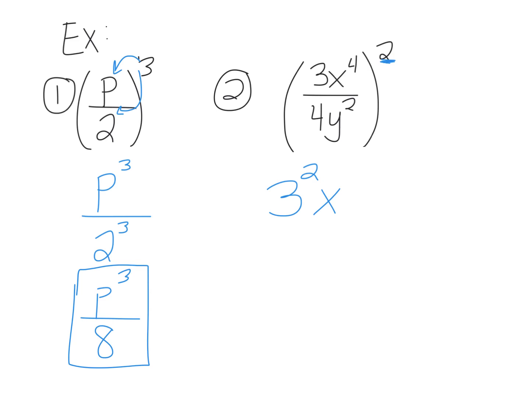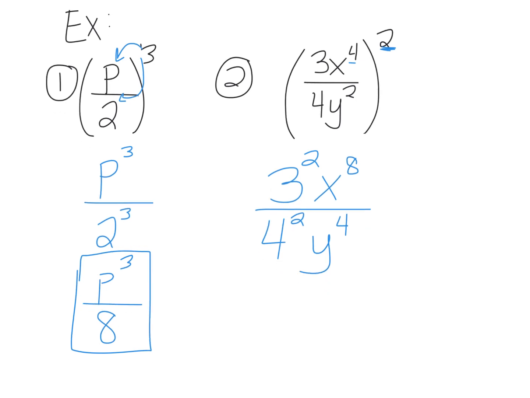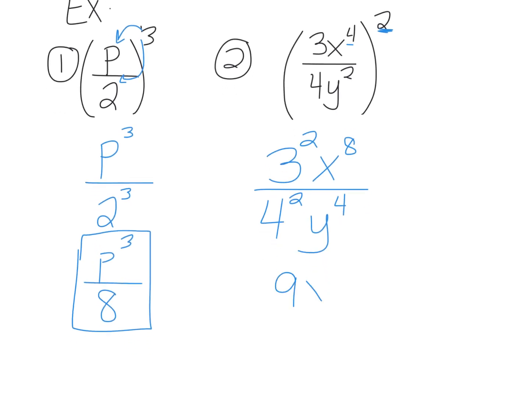Right, because we're taking a power to a power, so I have x to the 8th. Good. Now I'm moving on to the bottom. What do I get on the bottom? 4 squared. And then what's my new exponent for y? To the 4th. Yep. And then can I simplify that at all? The numbers, right? What's 3 squared? 9. X to the 8th. What's 4 squared? 16y to the fourth.